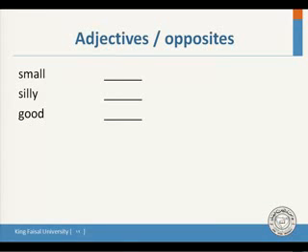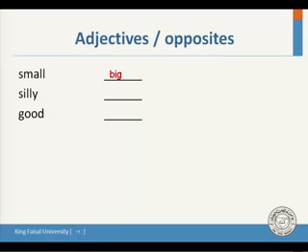Now let's talk about adjectives and the opposite of adjectives. Small and silly and good. These are 3 adjectives. So you say, this apartment is small. The opposite of small is big.